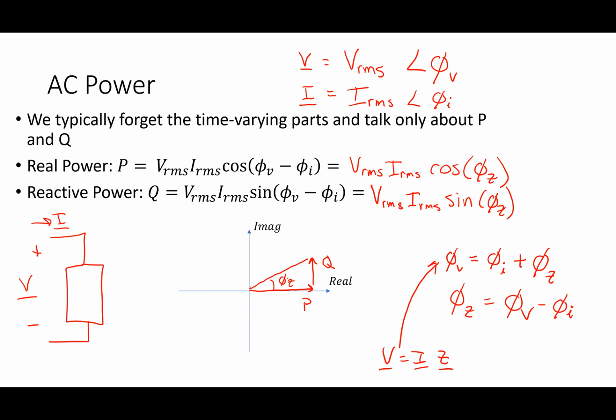Sometimes this is called the power triangle. Now, we also give a name to cosine of phi Z. We don't give a name to sine of phi Z, but we do give a name to cosine of phi Z. What is cosine of phi Z?